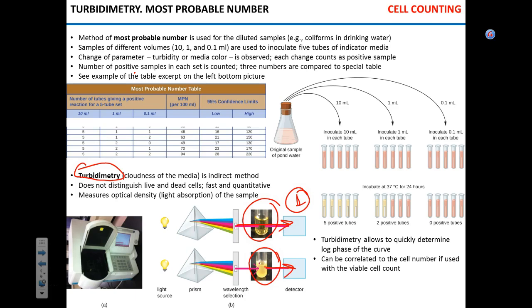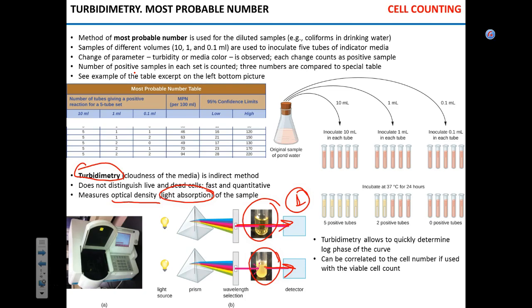So you compare the medium with the growth to the medium without. Are we clear? We basically measure the light absorption or optical density of the sample. This method is very fast, very quantitative. Now, can it tell apart live and dead cells?